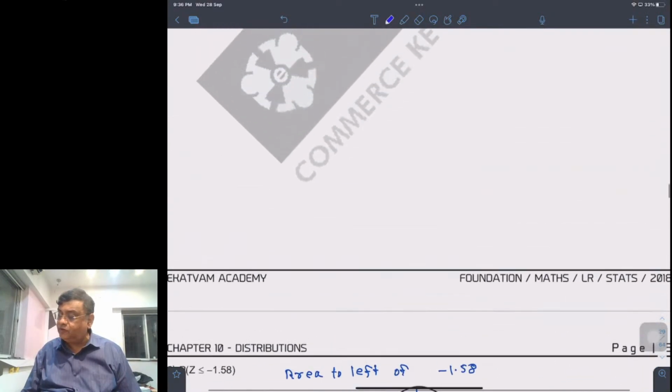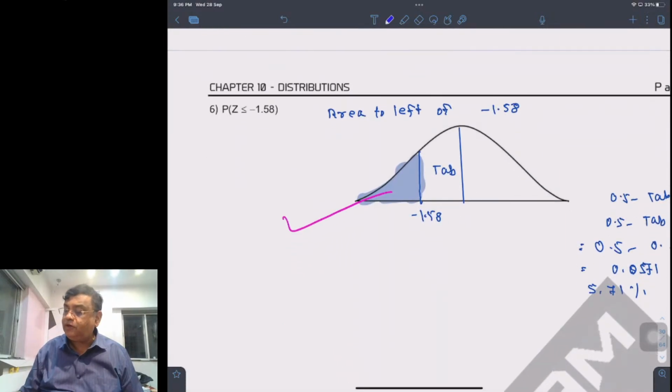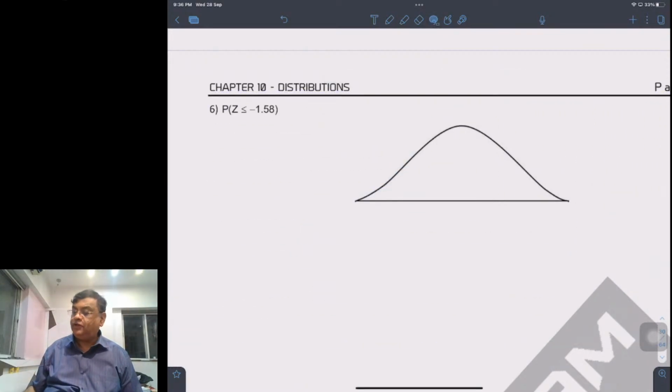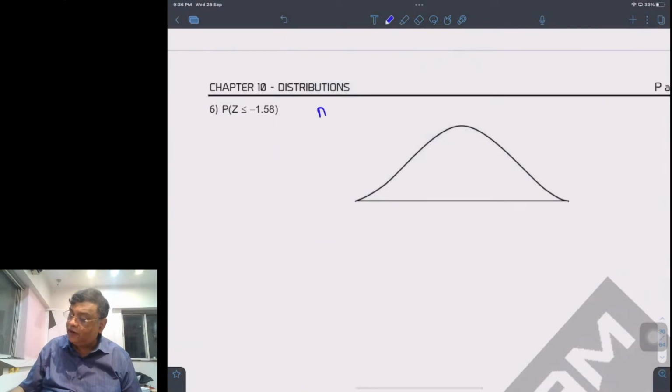Now if that is true, I come to the next one, and that next one is what? Probability of z is less than or equal to minus 1.58. Now what's the meaning of this? The very meaning of this is that this is the area to the left of minus 1.58.